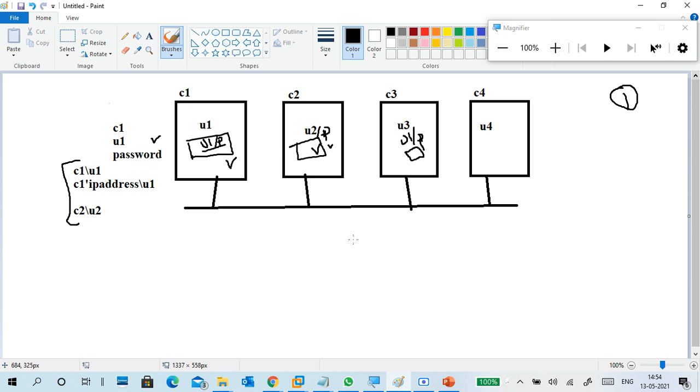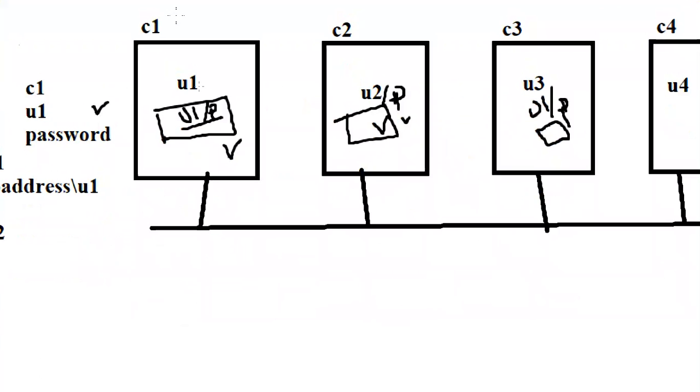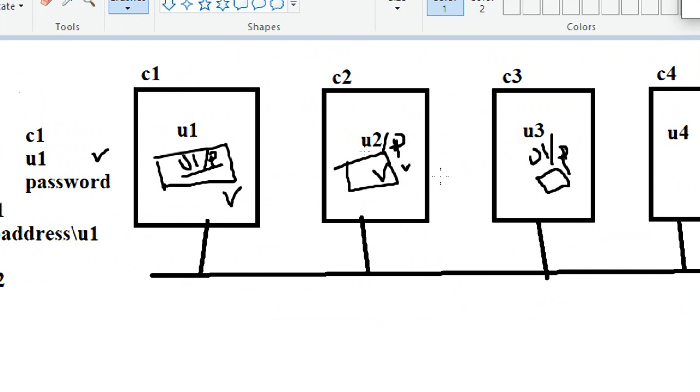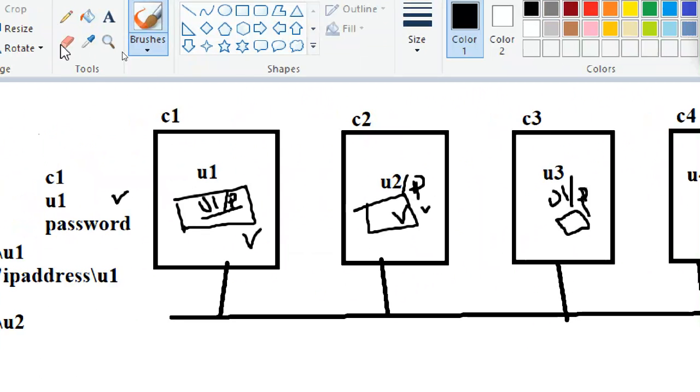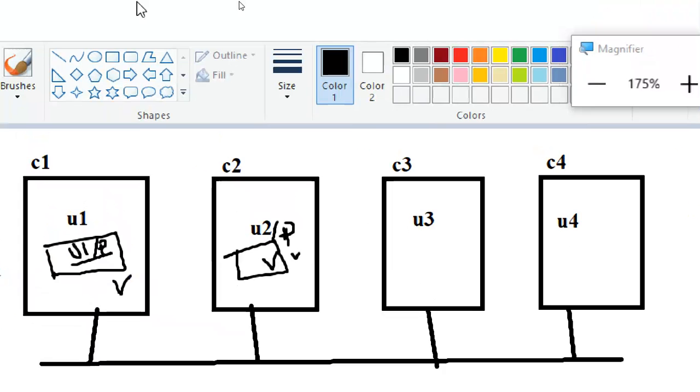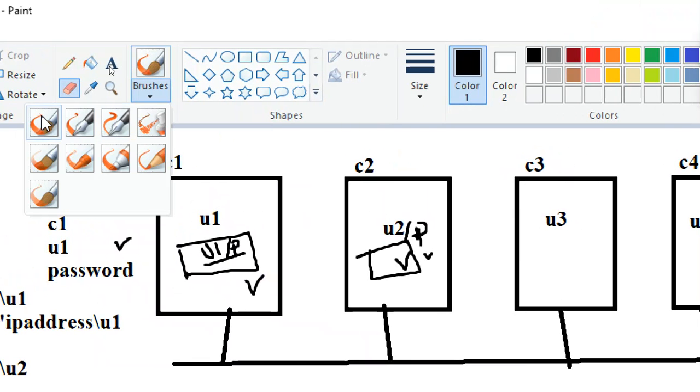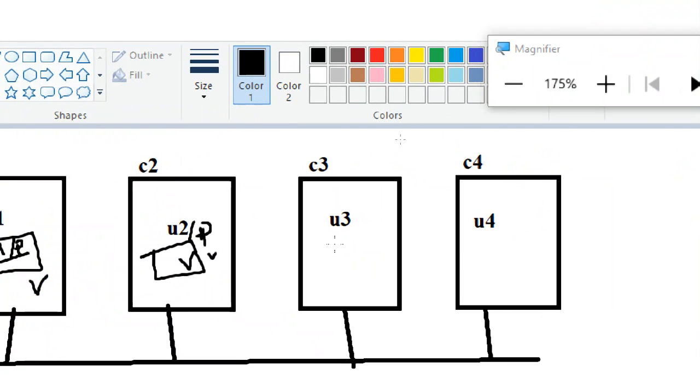Second, for example, user 1 from the C1 PC tries to log into the C3 PC. He puts in a password, but he cannot log in.